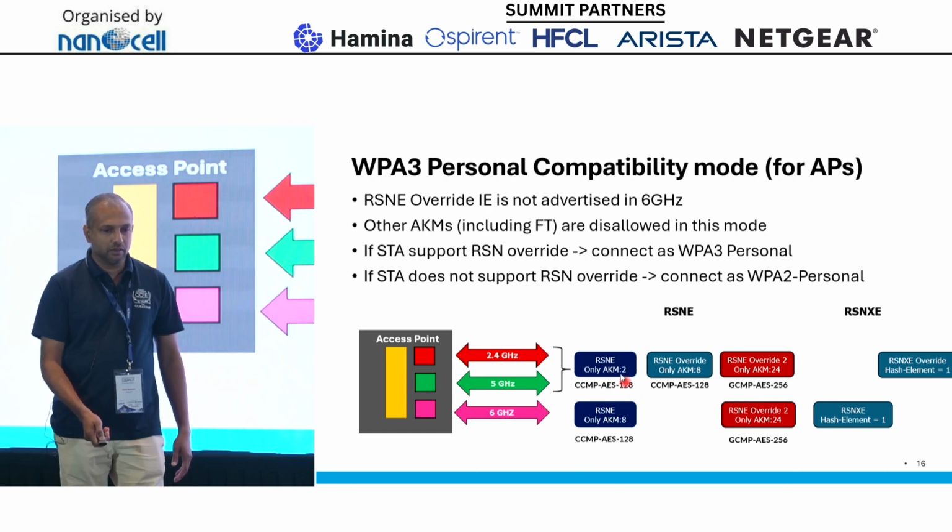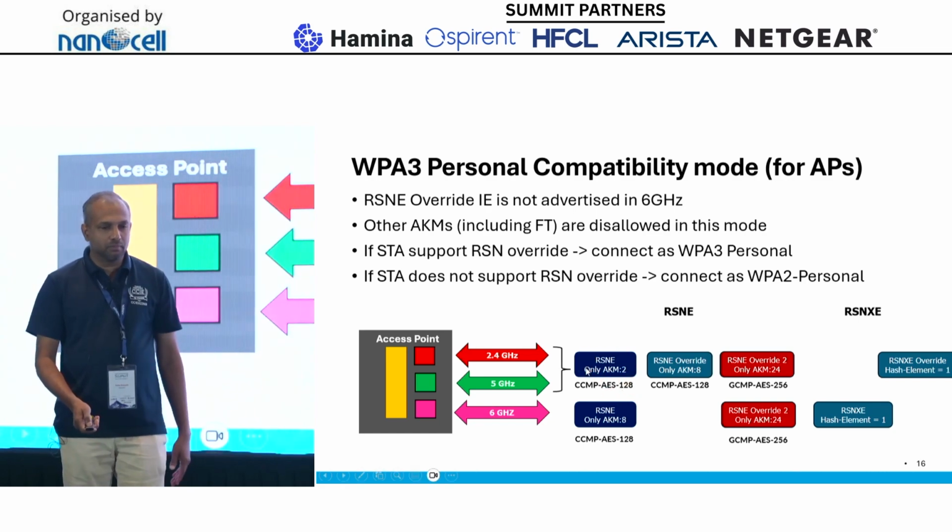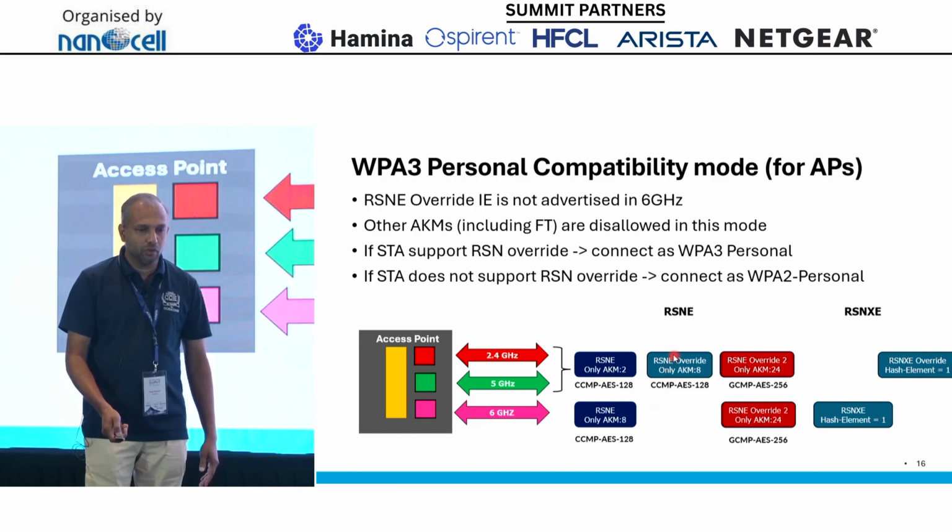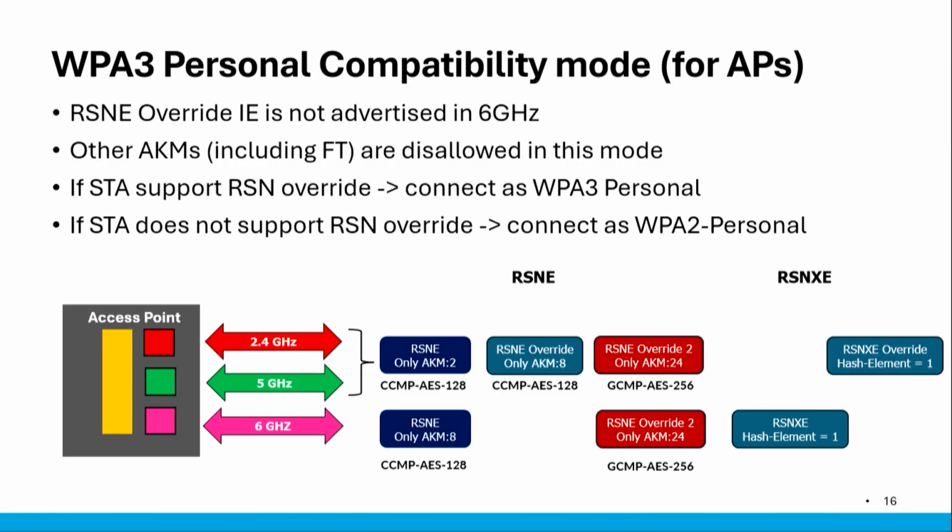They will only see one AKM, one cipher suite. But when a WPA3 client comes, it has to look for this override element. And then it needs to connect to WPA3 personal. But if you bring a Wi-Fi 7 client, there is an override 2 element, which advertises AKM 24, GCMP 256 support. That way, they will connect using AKM 24.